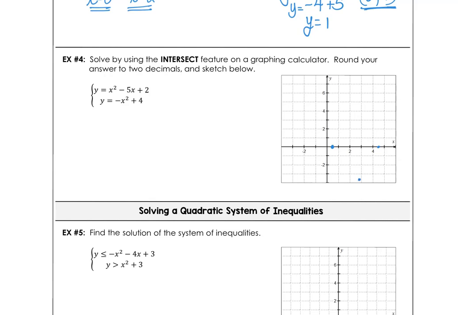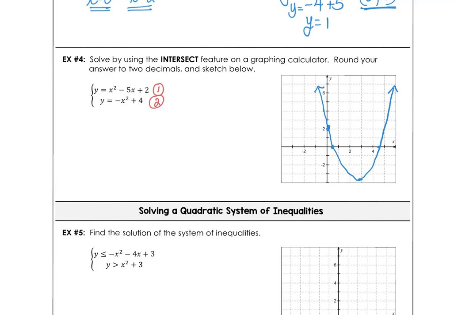So we've got this going on. We know that it crosses the y-axis. This is equation 1 at positive 2. So we have this situation with our first parabola. And again, I'm telling you that's just a sketch.